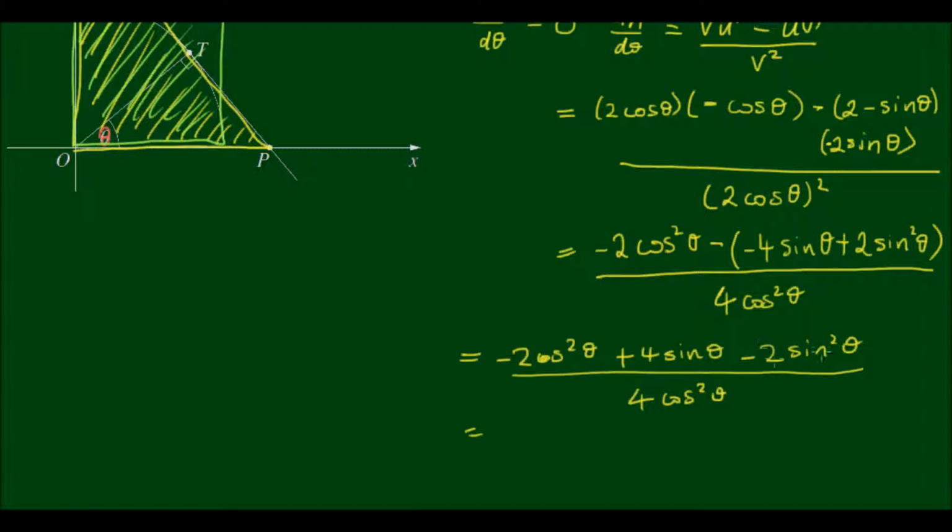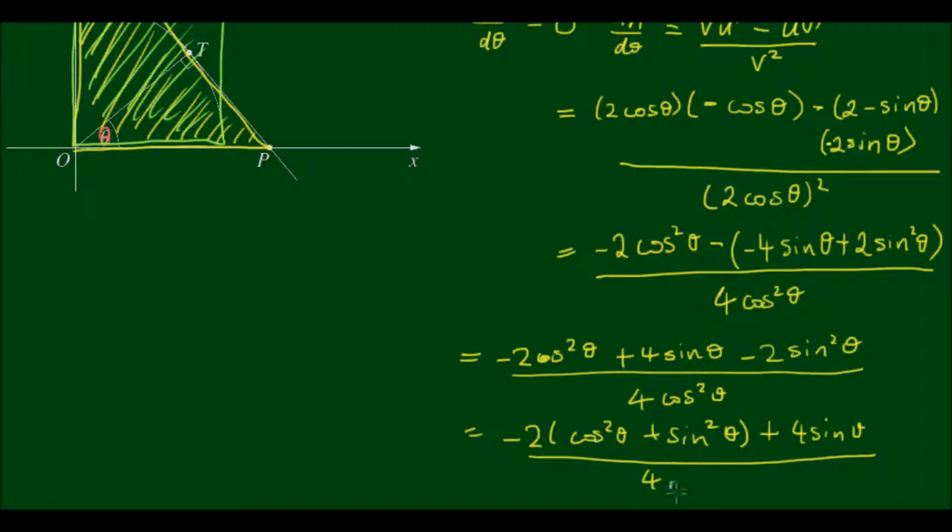And let's collect these two, so we got negative 2 outside of cos squared theta plus sine squared theta plus 4 sine theta all over 4 cos squared theta.